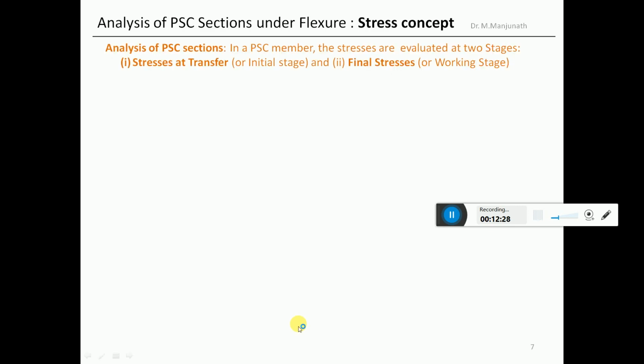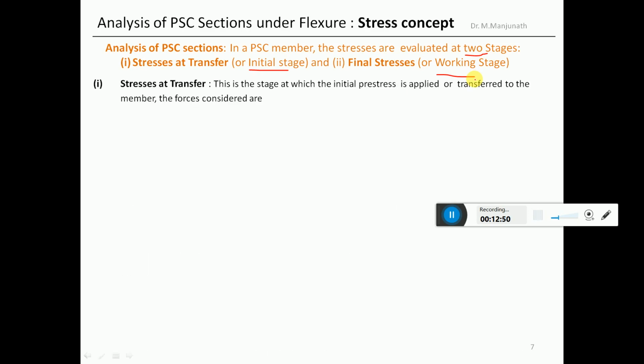Now, when we come to analysis of a PSC section, we know that there are two distinct stages in a PSC member, and these two stages are what we call the initial stage and the working stage.